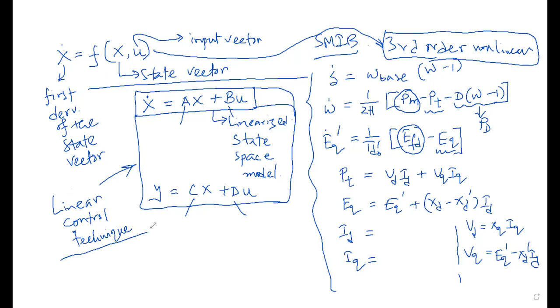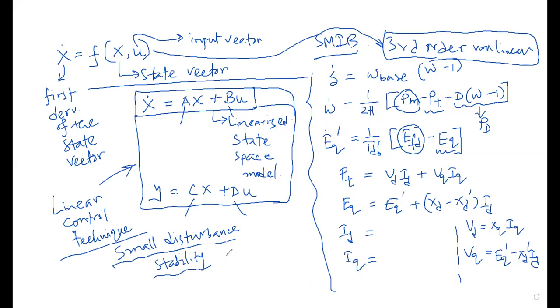Another target, we could also mention, is that we want to analyze the small disturbance stability. And for that, we would like to have a model where the state variables themselves are of small deviation type, or small signal type.